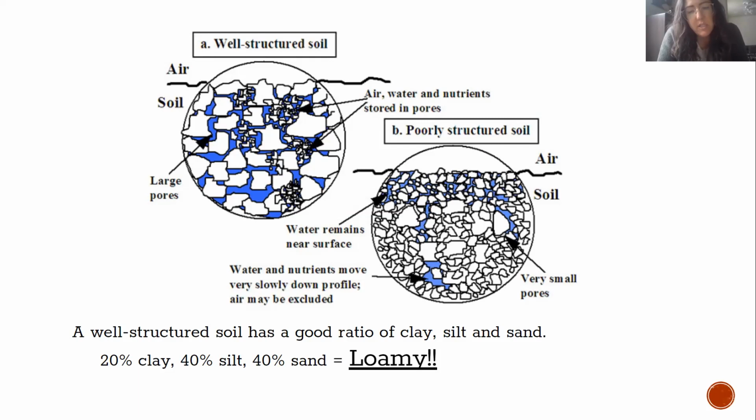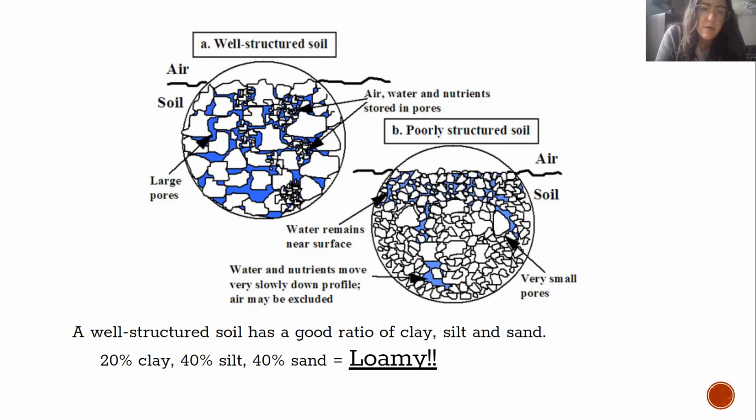And so that perfect ratio of silt, sand, and clay is when we have a loamy soil. If you've ever heard that term before, it's 40% sand, 40% silt, and 20% clay.